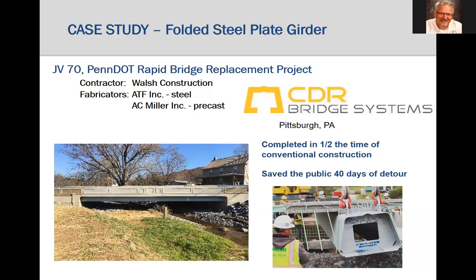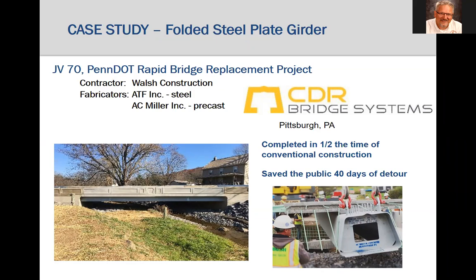Now, a fairly new concept for multi-bridge replacement plans is using public-private partnerships and bridge bundling programs as we discussed in Lecture 1. Recently, the Pennsylvania Department of Transportation Rapid Bridge Replacement Project involved the design, construction, and maintenance of nearly 600 bridges.